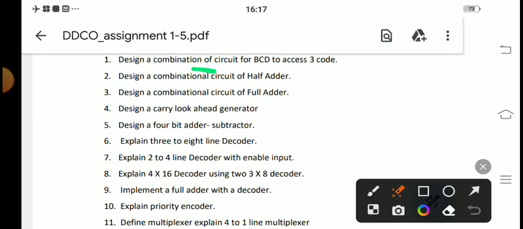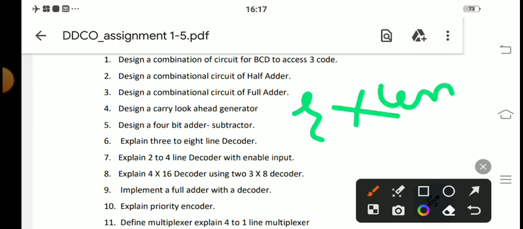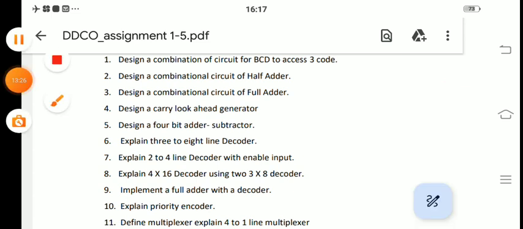It is not combination of, it is design a combinational circuit for BCD to excess-3 code. You have to use the 4-step procedure to solve this problem.